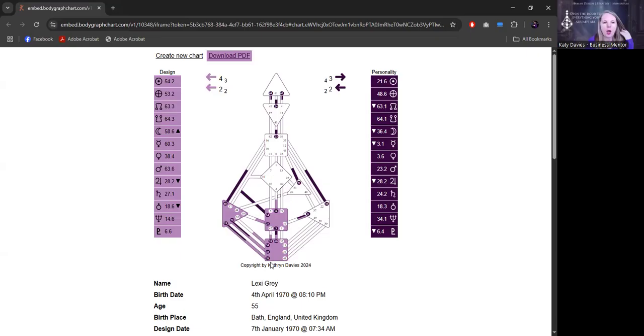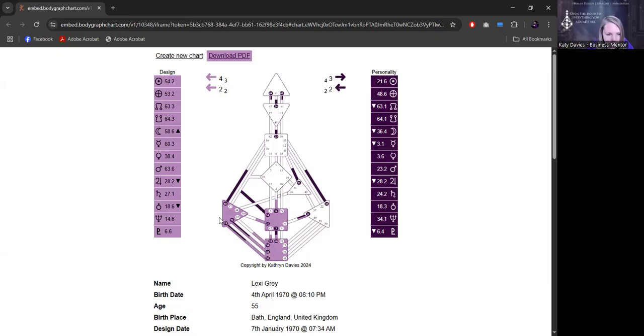Now, the way a center becomes defined is because two gates are activated on either side. So you cannot have a defined center unless there are two gates opposite each other making the channel, right? So here, this center is defined because it's connected by the 3 and the 60. This center is defined because of that, but also because of this channel here.